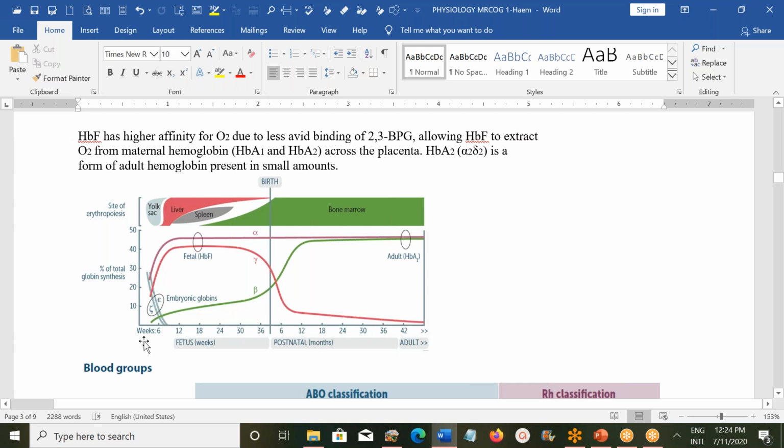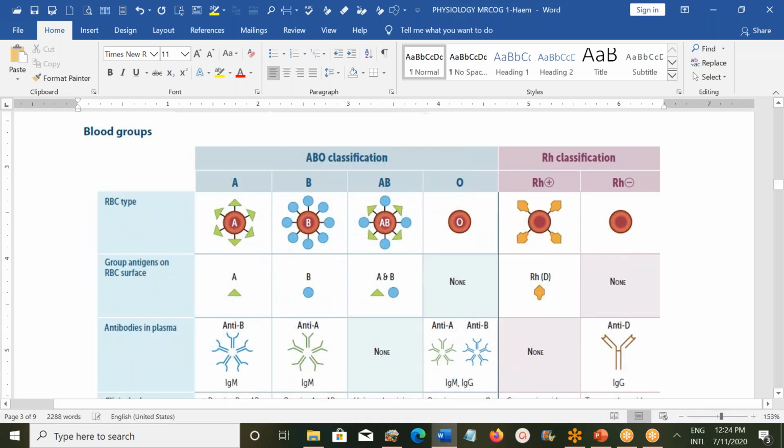Regarding the alpha chains, they will start forming in the 5th week of life, their level will rise, and after reaching a significant value by 18 weeks, the fetus is going to form the alpha chains like that. Okay? So you can appreciate these are the changes. This picture should be in your mind. So that is how the hemoglobin will change.